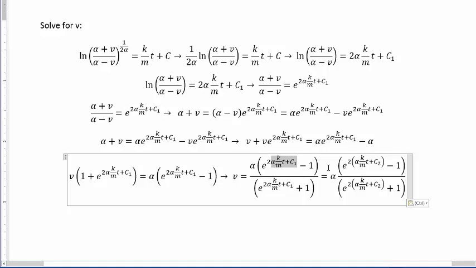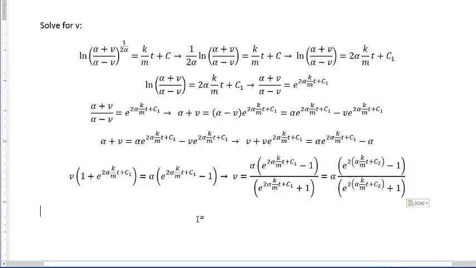So I'm going to factor out a 2, and then I'm going to take a 2 out of C1, so I'm going to get another constant C2. C2 is actually C1 divided by 2, and so that's why I changed the C1 to C2 here. And then I also took my A and kept that separate, and so now I'm focused on this fraction. The reason I'm focused on this fraction is because of the definition of the hyperbolic tangent.